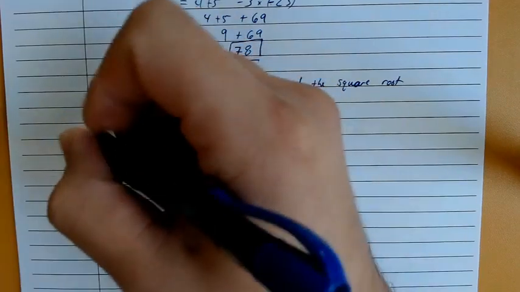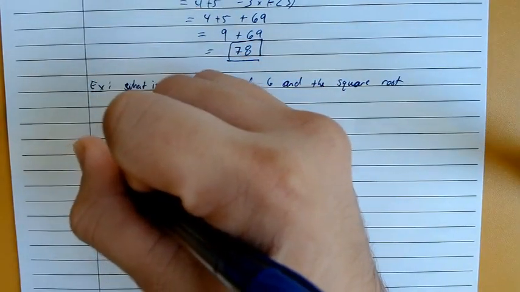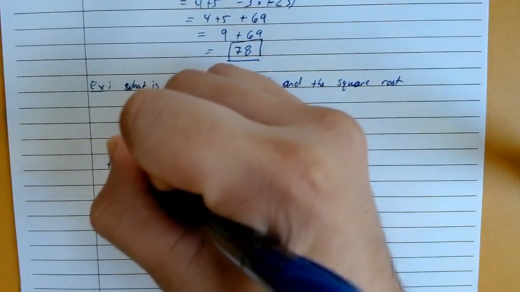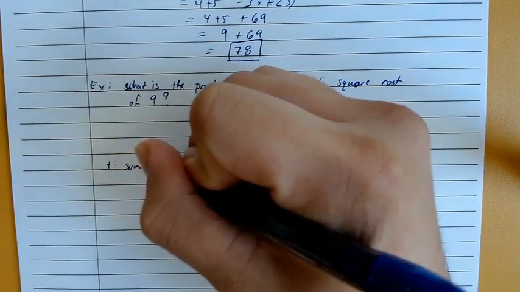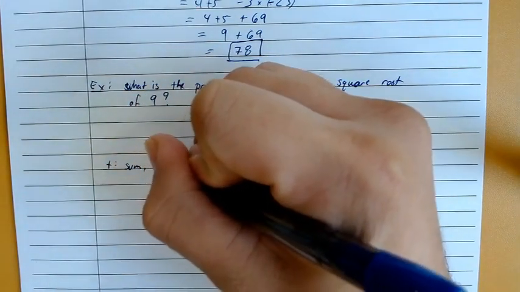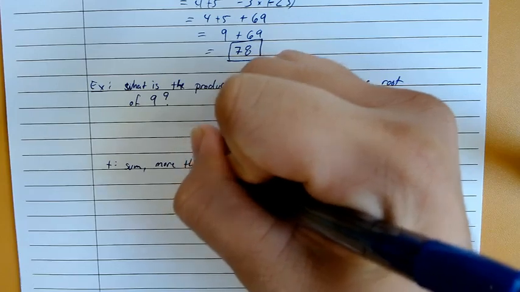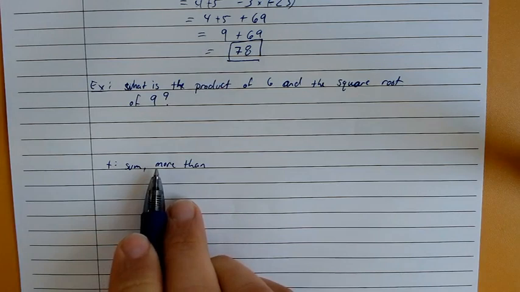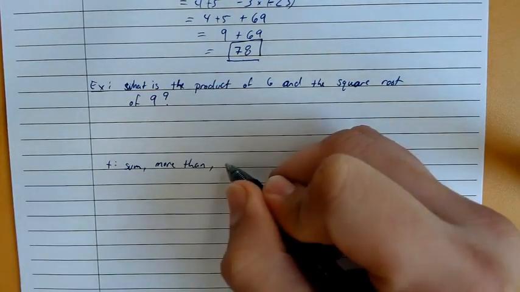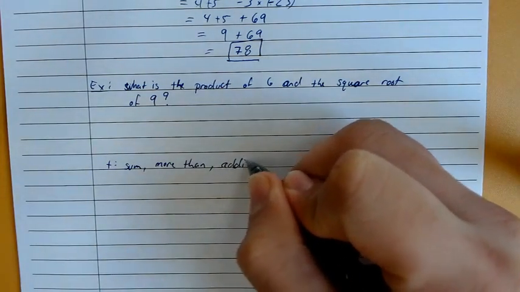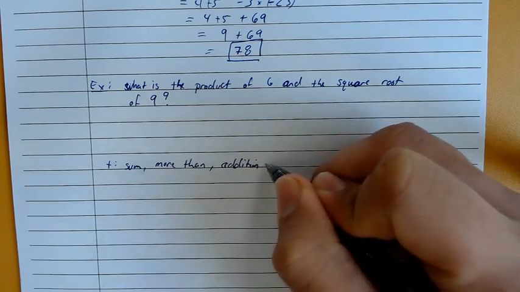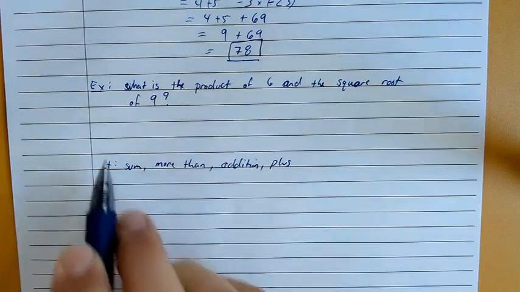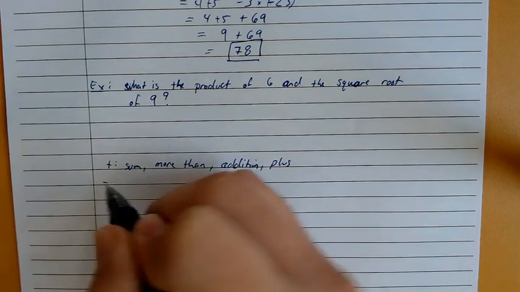Whenever you see the word sum, more than, now notice that's not is more than, that would be an inequality. This is just the phrase more than. Addition or plus, that's going to be this symbol.